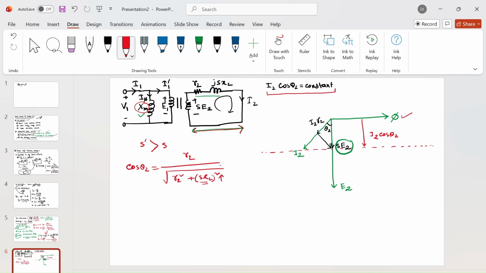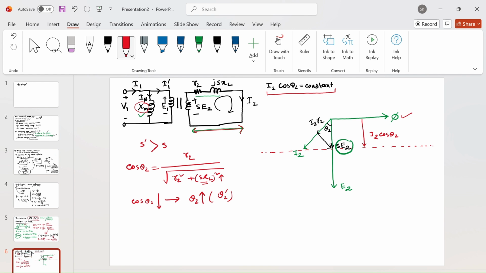If the denominator increases, that means your cos theta 2 will simply reduce. If cos theta 2 reduces, that means your theta 2 increases, right? The rotor power factor angle will also increase. So initially you had theta 2. Now after the increase, this theta 2 will become theta 2 prime.